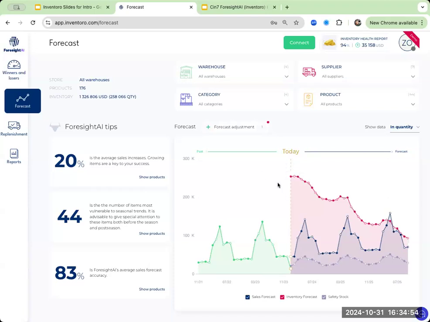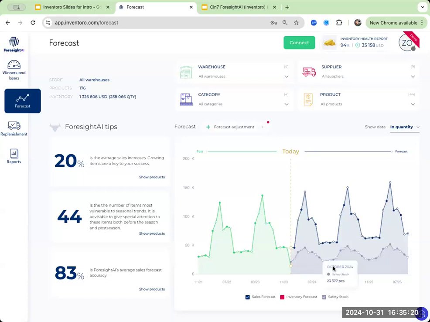And over time, as I sell through what I have overstocked, and I start to dial in my inventory well, following the replenishment recommendations that Foresight AI is giving me, I'm going to get to a kind of homeostasis place where I'm almost ordering exactly what I'm selling, which is great, right? Then we're not having overstock, we're not having stockouts, which means more money in our pocket, which I'll get to in a second.